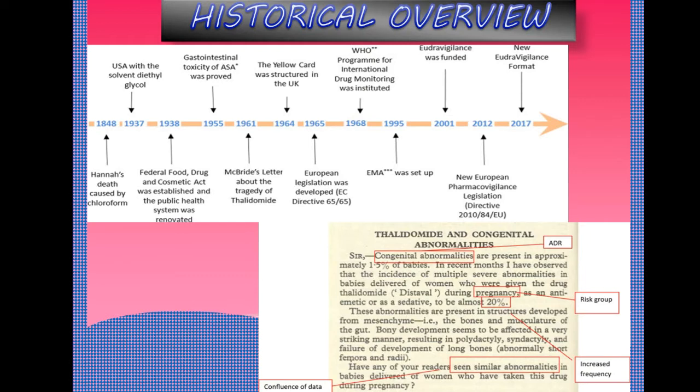At the same time, during a pediatric conference in Germany, Dr. Lenz suggested a correlation between malformations and thalidomide, and his suspicion was published in a German journal as well. So this person took the initiative and suggested the probability that there could be some correlation between this congenital anomaly and this drug.